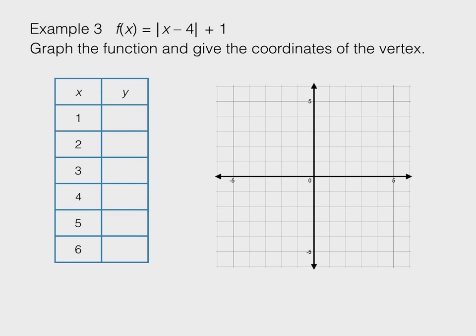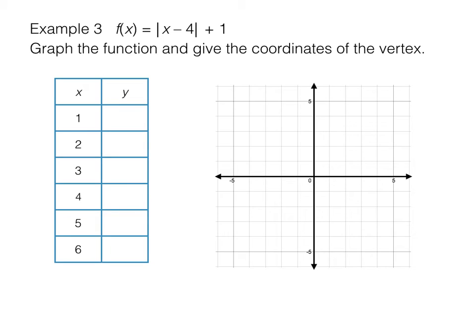Right, so in this next example, we're going to have a horizontal and a vertical shift. So you can make a prediction. How many units to the left or right and how many units up or down will the parent function be shifted? We can make our table of values and substitute in f of 1, the absolute value of 1 minus 4.